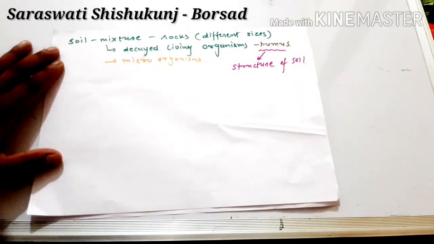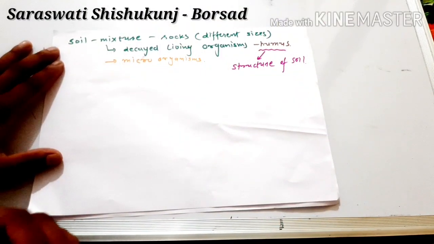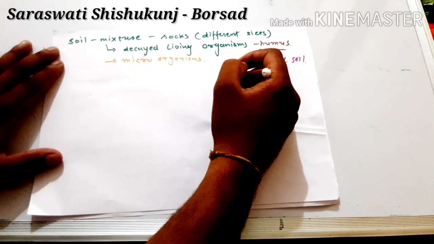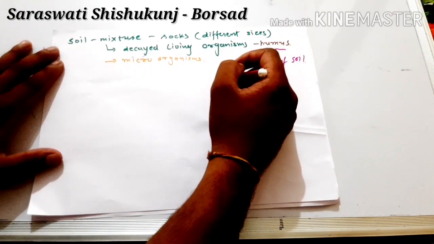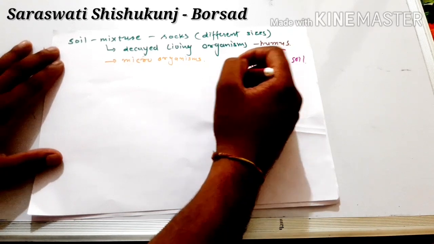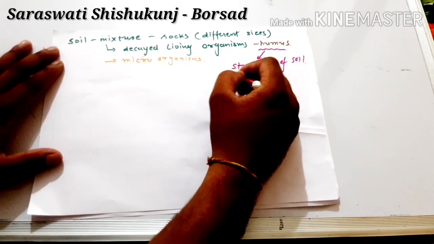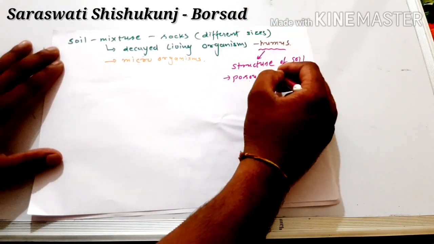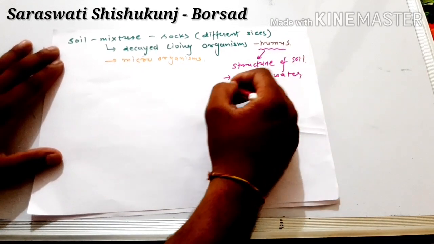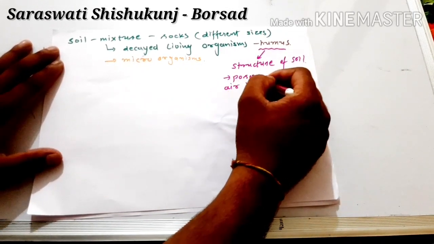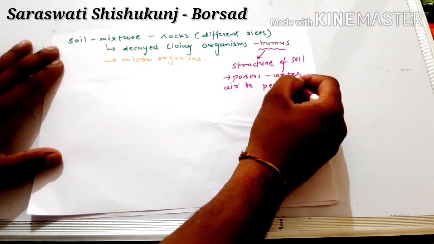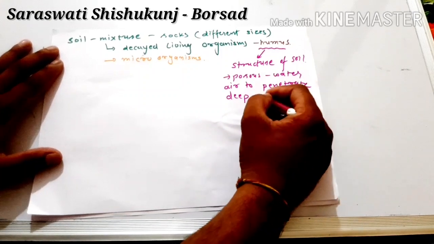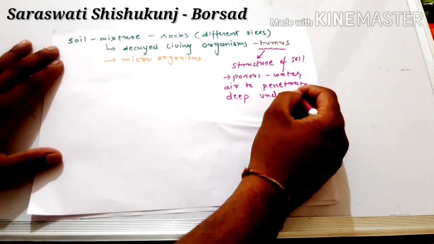Out of that, humus is the most important factor in deciding the structure of soil. Why? Because if more humus is present there, the structure will become more and more porous, and as it is more porous, it will allow water and air to penetrate deep underground, right?